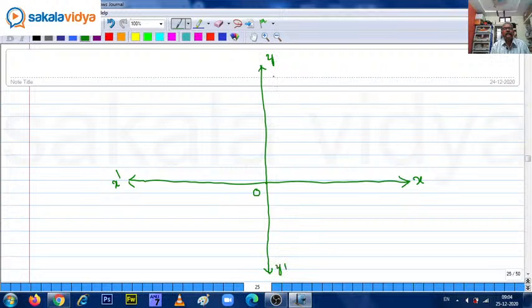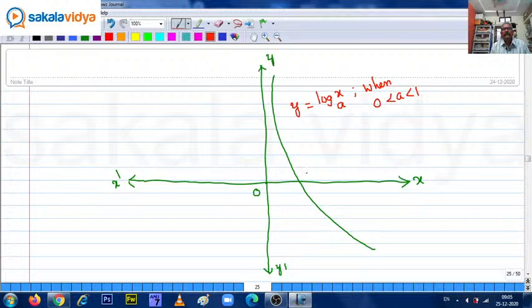The graph will be like this also. This is the graph of y equal to log x base a, but when 0 is less than a less than 1.